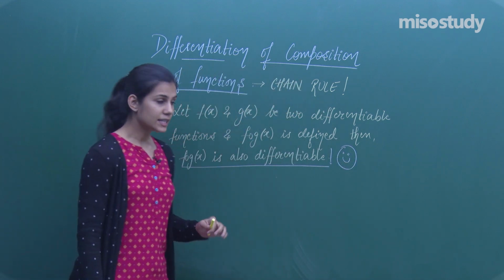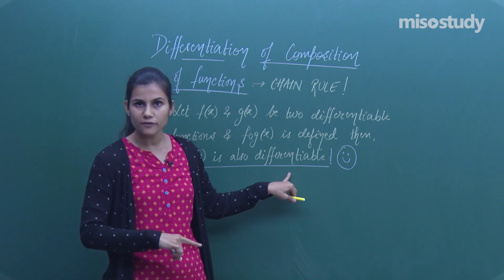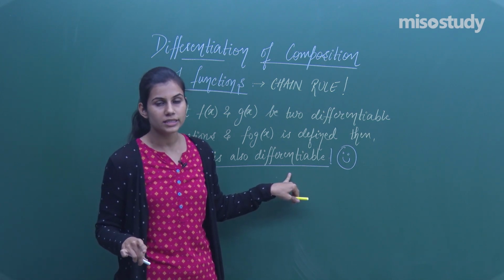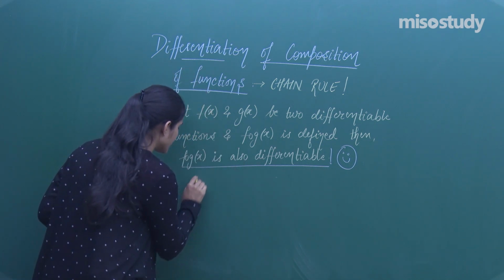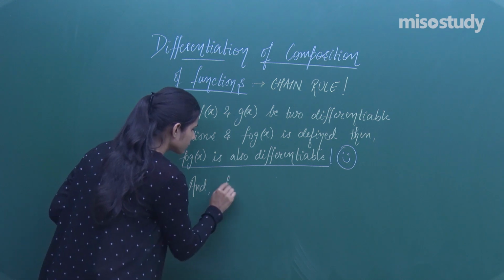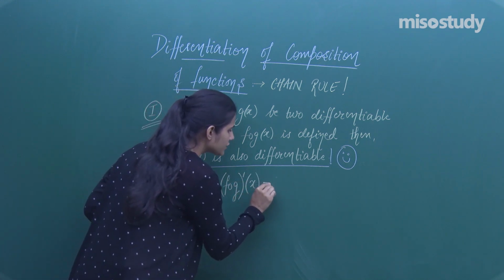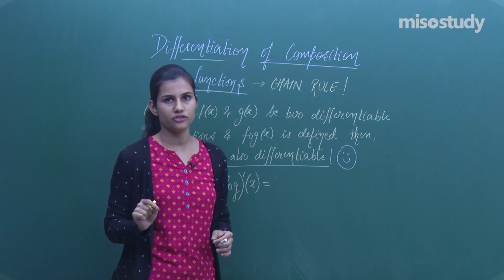But the point is that if f o g is differentiable, that means you pick up any point from the domain of f o g, the derivative of f o g at that point is going to exist as a finite real quantity. How do you get that? The chain rule itself says that, and the derivative of f o g at any point of its domain is computed in a very beautiful specific fashion.